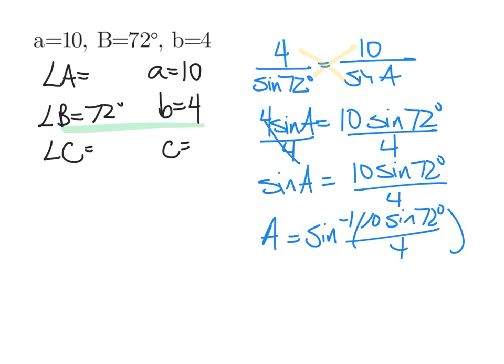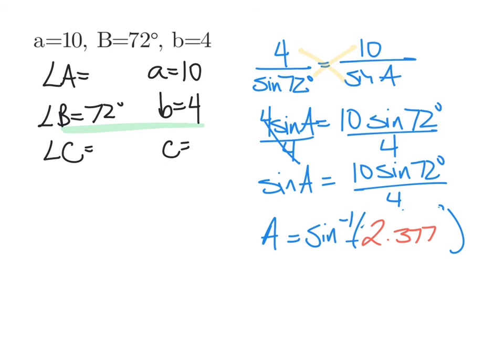Now, the reason for that is because of what happens inside of that set of parentheses. So inside of here, when we calculate 10 sine of 72 over 4, what you get is 2.377. Okay. So you're trying to take the inverse sine of 2.377.